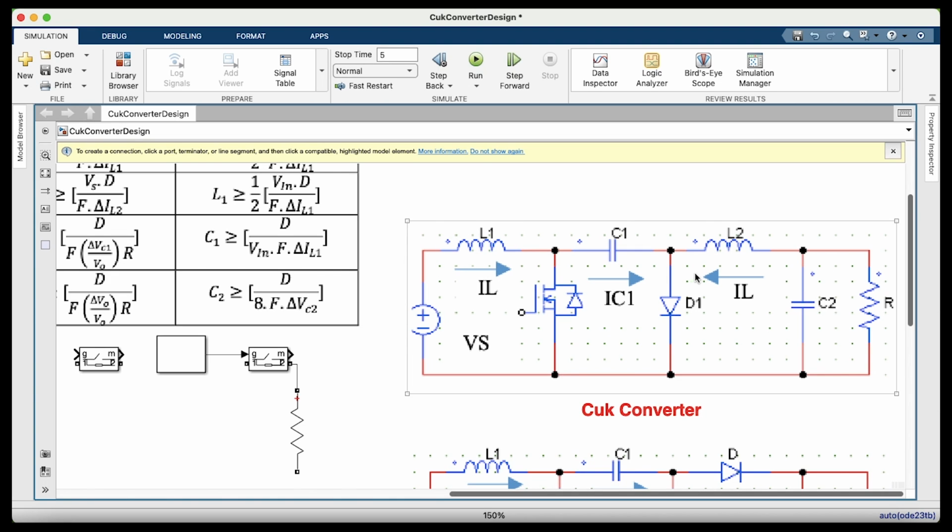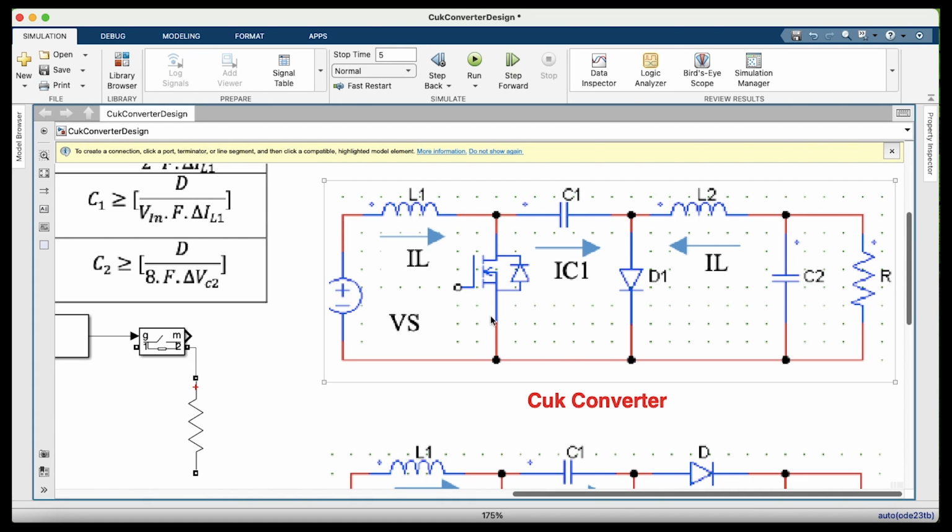Now the capacitance C1 will discharge the current through the switch and also the load resistance or through L2. So it is also a reverse side, with polarity positive here and negative here. Here C2 will act as a voltage regulator.